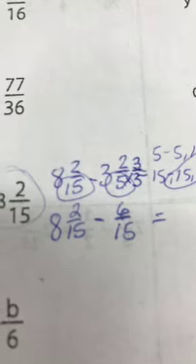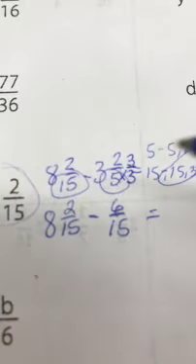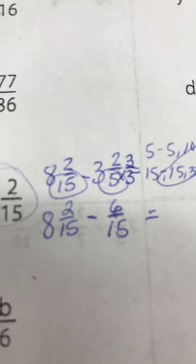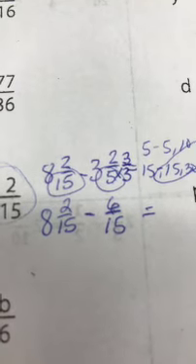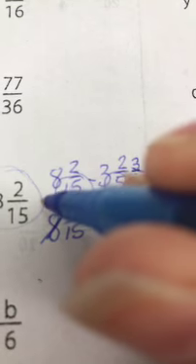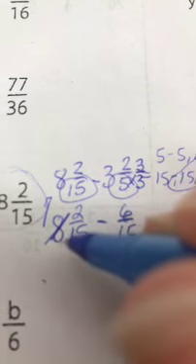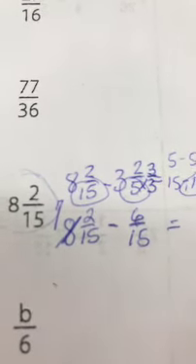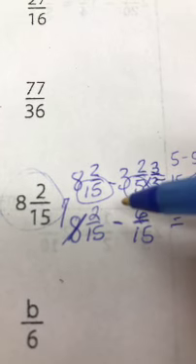Oh man, another roadblock. I can't do 2 minus 6. So since I cannot do 2 minus 6, I have to regroup from my whole. My 8 is going to become a 7. But how much am I going to add into this fraction to represent 1 whole that I borrowed?